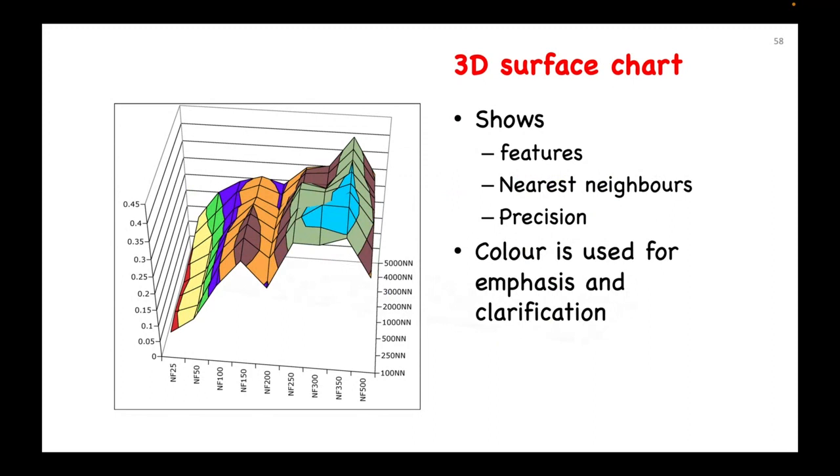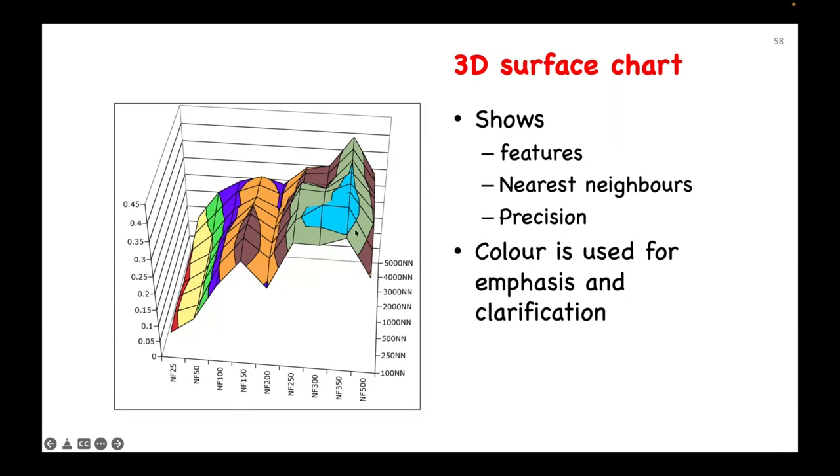Okay, so here's a 3D surface chart, and this chart is trying to convey quite a lot of information in one chart. So it's looking at information retrieval, so it's retrieval based on visual features, and it's showing how many features we take into account, how much detail in each of the things we're looking at, how many nearest neighbours we take into account, and then let's make it rather more comprehensible by using colour.